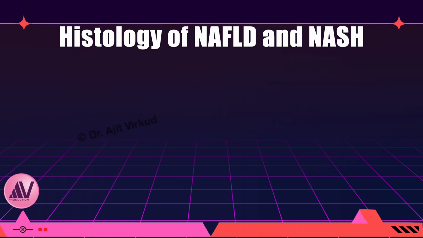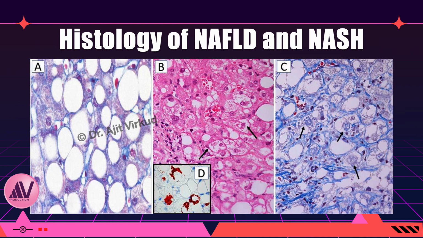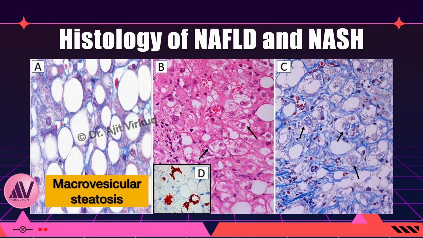These three slides show histological features of steatosis and non-alcoholic steatohepatitis, NASH. Slide A, stained with chromotrope aniline blue stain at 200x magnification, shows macrovesicular steatosis. The hepatocytes are distended by large fat droplets.